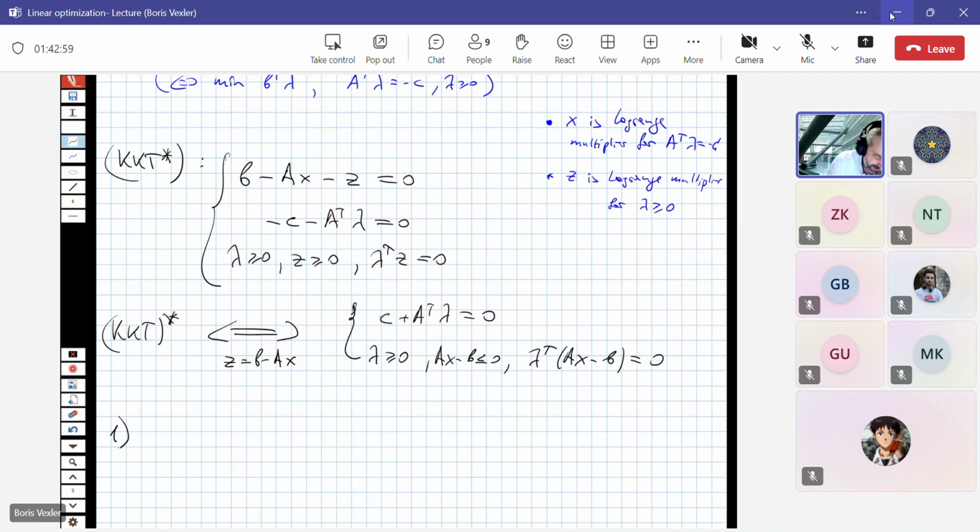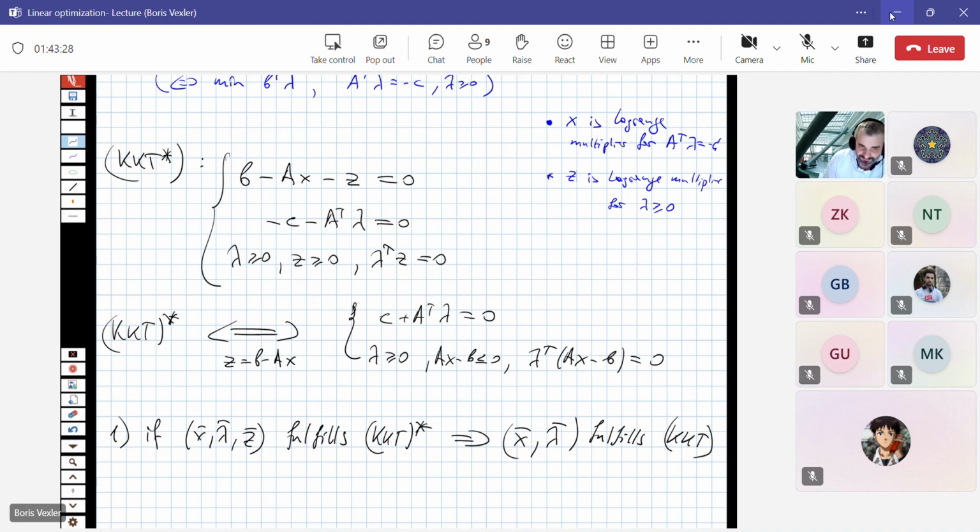If x bar, lambda bar, z bar fulfill this KKT star system, then x bar and lambda bar fulfill the original KKT system.